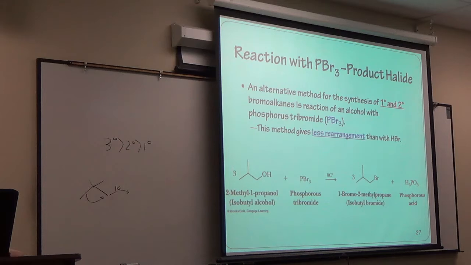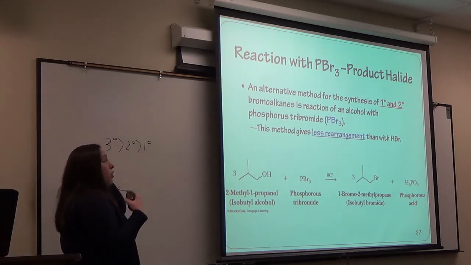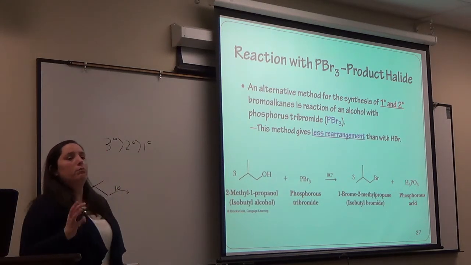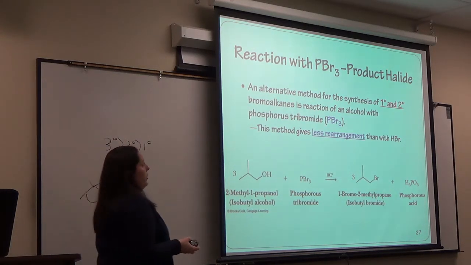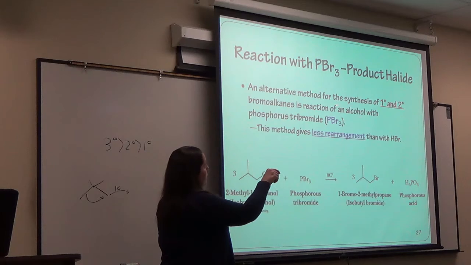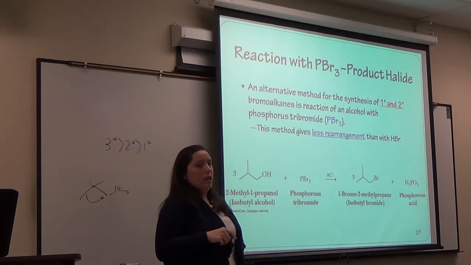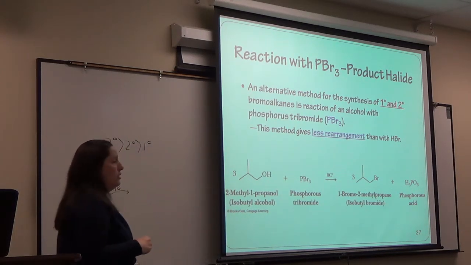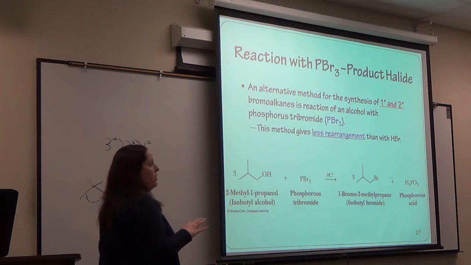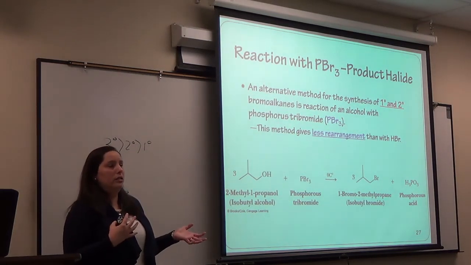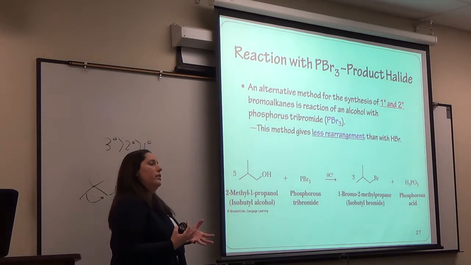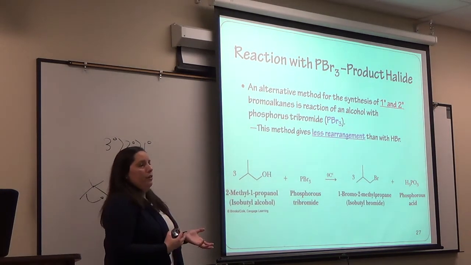All right, so that's the HX, but that's not the only way that you can add, for instance, a bromide. There's an alternative mechanism which uses PBr3, phosphorus tribromide. This works for primary and secondary. So you can see that there is an alternative, and I told you last semester, usually when we show you an alternative, it's because there's something advantageous about using another reagent.